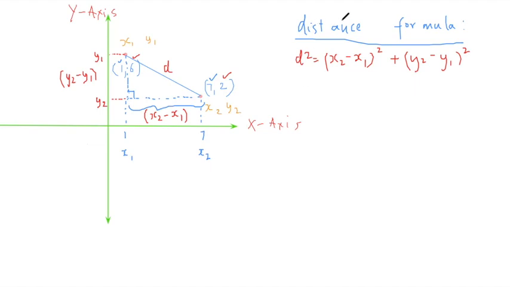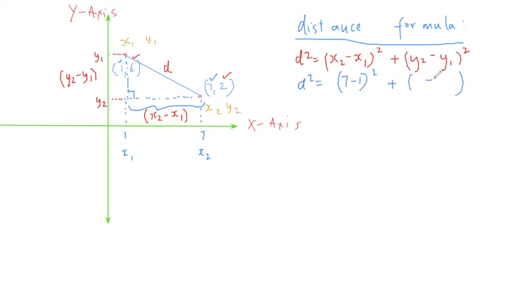So in our case, the example that we've taken, d squared will be equal to x2 take away x1, that's 7 take away 1 squared, plus y2 take away y1, that's 2 minus 6.